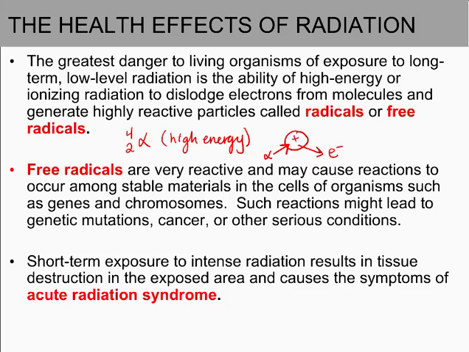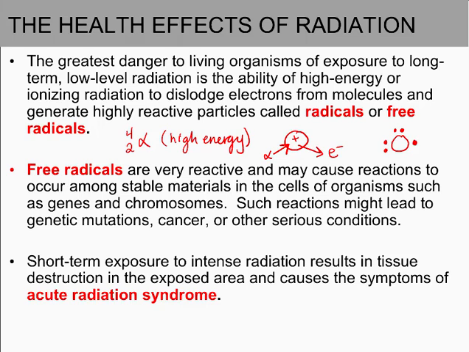Now additionally, this might produce something called a free radical. A free radical is something that has one single electron just hanging out, and it's not paired up. So, for example, maybe we have an oxygen atom, and we'll draw a Lewis symbol here.